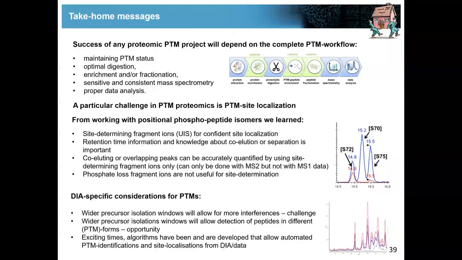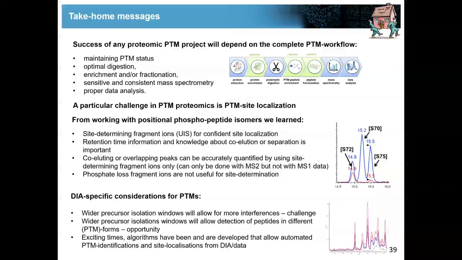And then some DIA-specific considerations. The problem of DIA is that we have wider precursor isolation windows, which means more interferences, which is a challenge, but it also means you can possibly detect other unanticipated forms or other PTM forms, which can be very, very biologically interesting, and therefore it's a great opportunity. And there are exciting times ahead because these algorithms to make sense out of such data are just being developed.